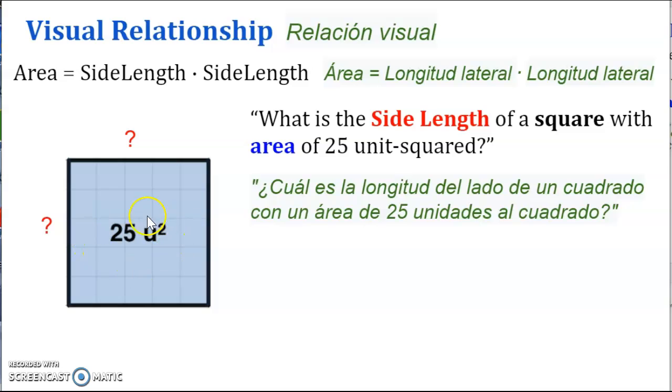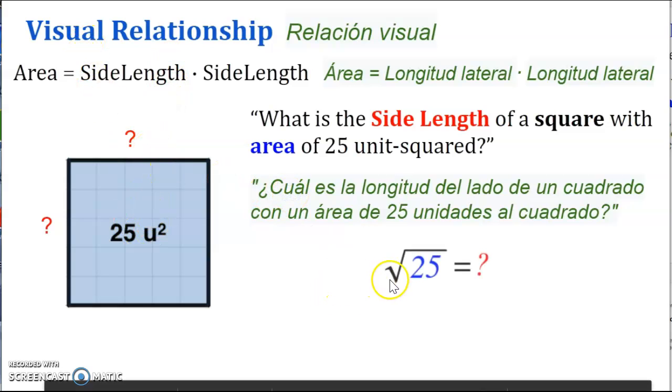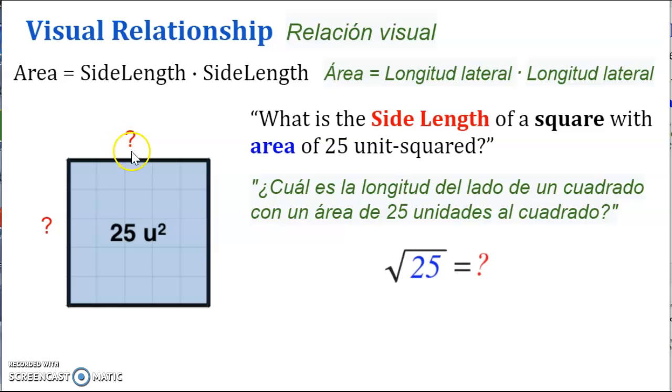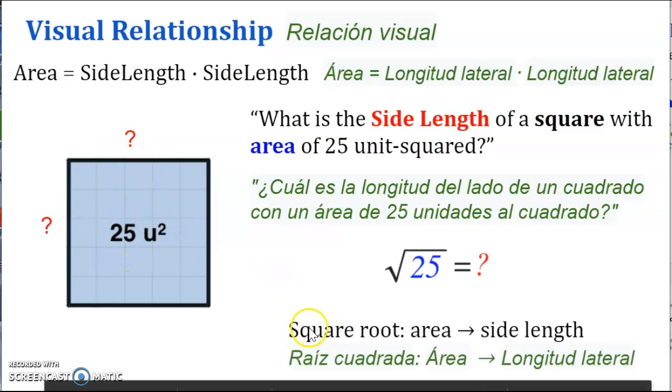That's what the visual representation of square root is. So this is the same as the square root of 25. We are looking for the side length given the area. So the square root takes you from area to side length. You're given the area and you're looking for the side length.